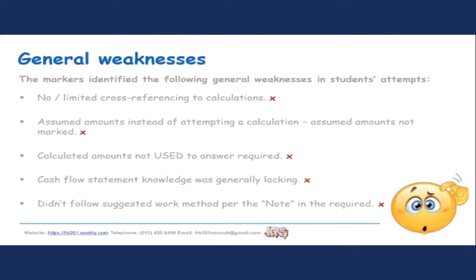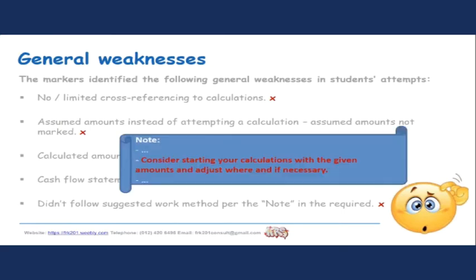Cash flow statement knowledge was generally lacking. And students didn't follow the suggested work method per the note in the required, which specifically stated, consider starting your calculation with the given amounts and adjust where and if necessary.